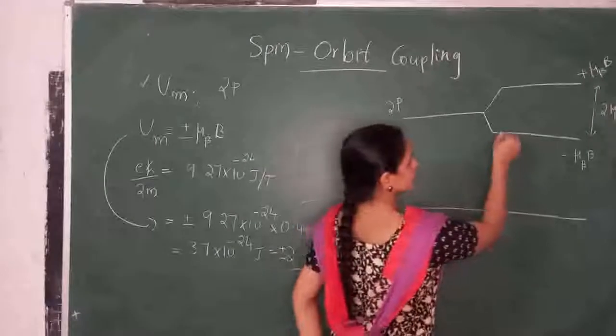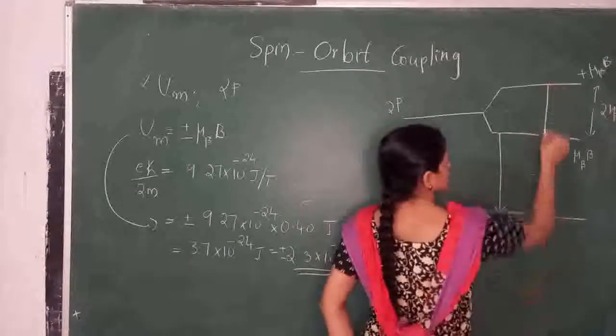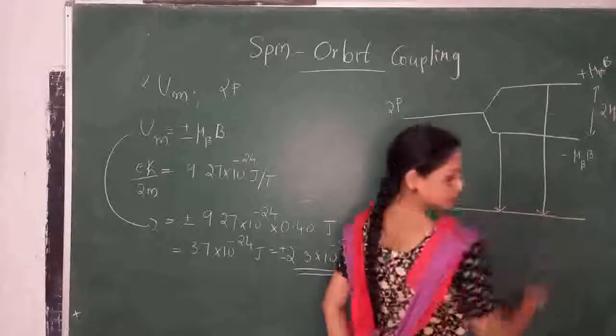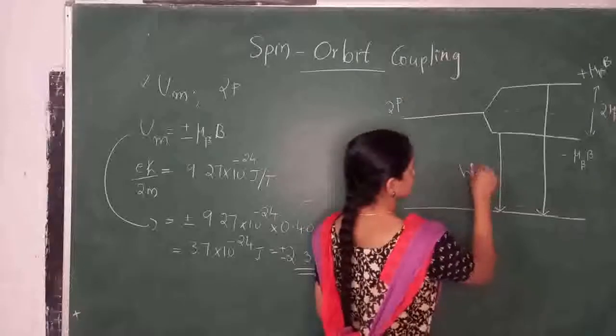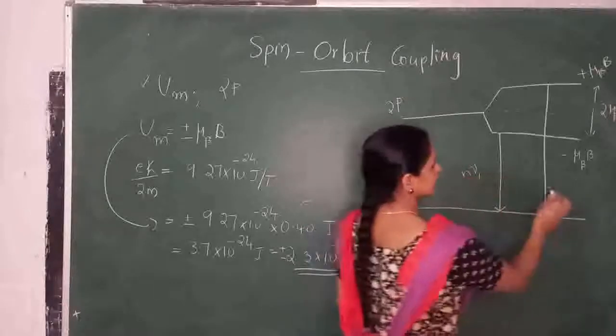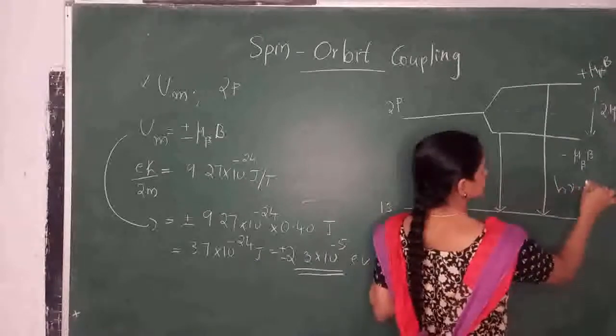So from this state an electron can jump into the lower state. From here also the electron can jump into the lower state, meaning here we will have some energy h nu, and here you will have some energy h nu plus some delta.